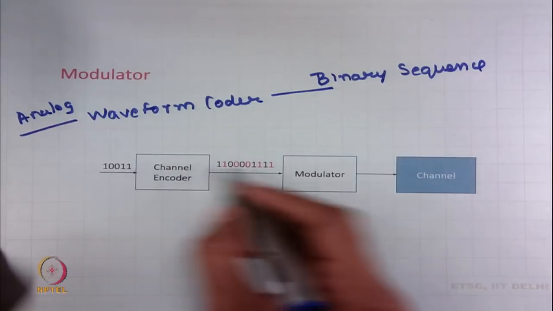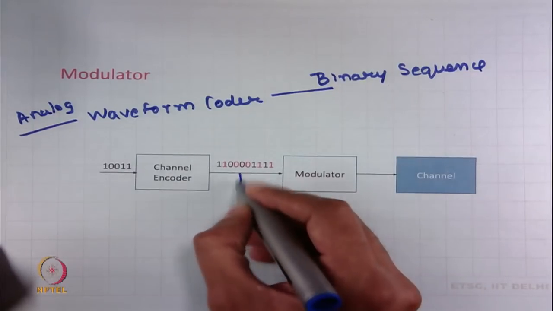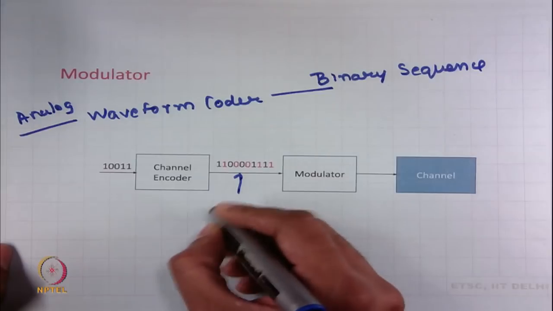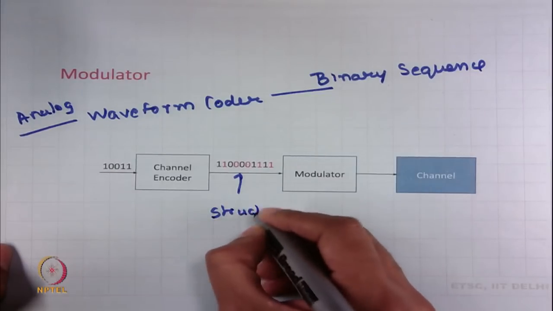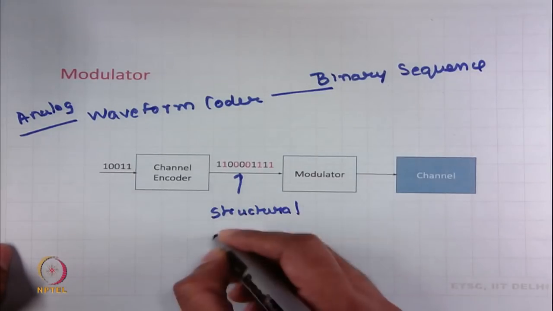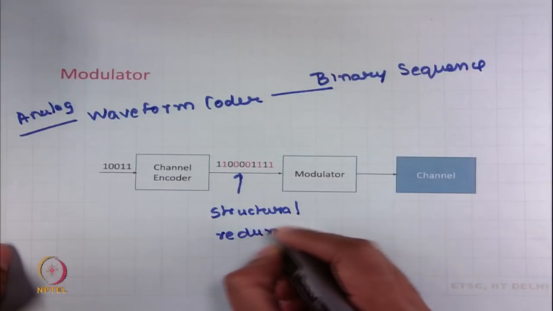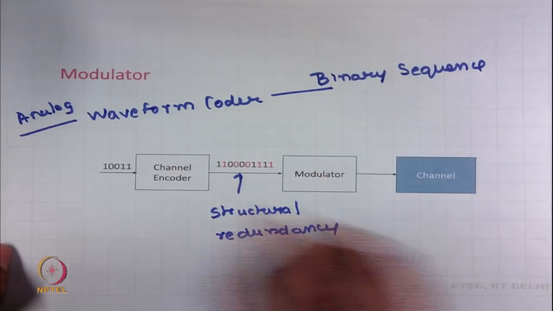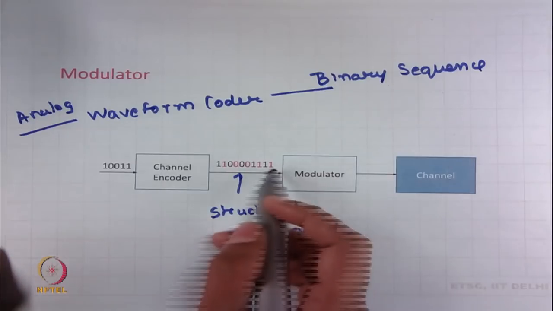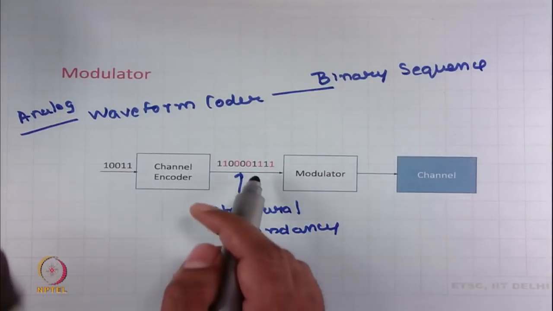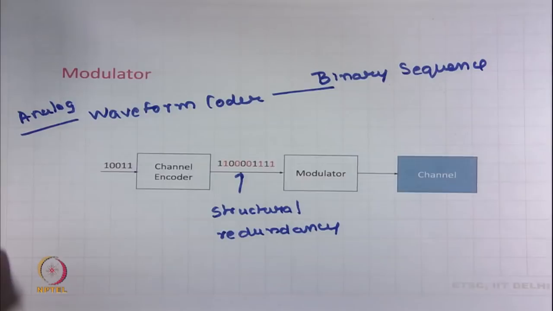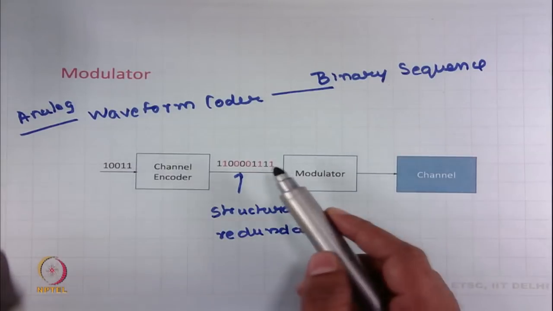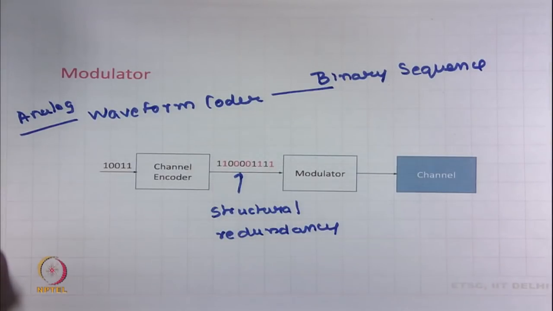The channel encoder introduces some structural redundancy in this binary sequence and modifies it, so that the binary sequence is made more robust to channel errors.